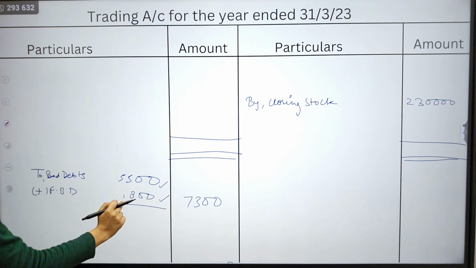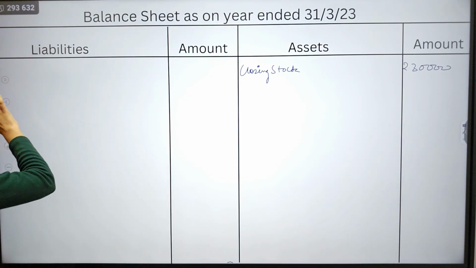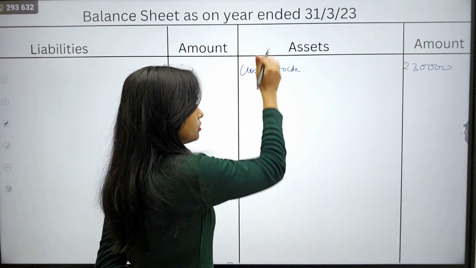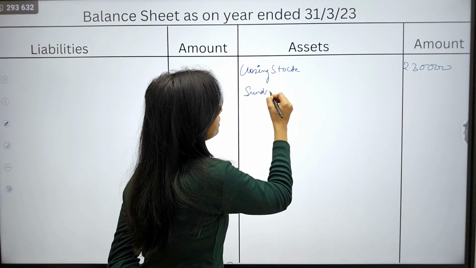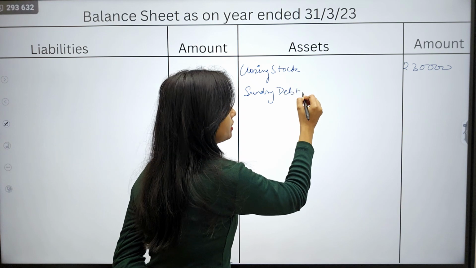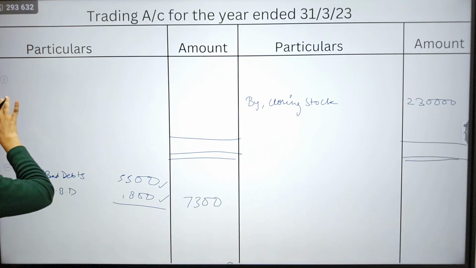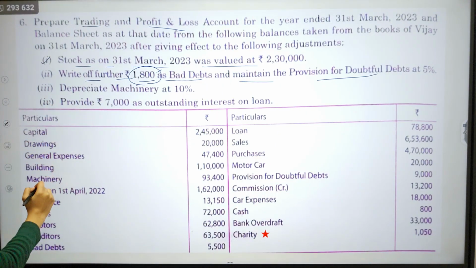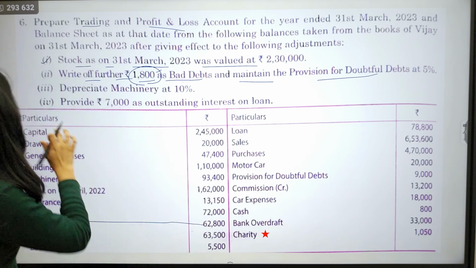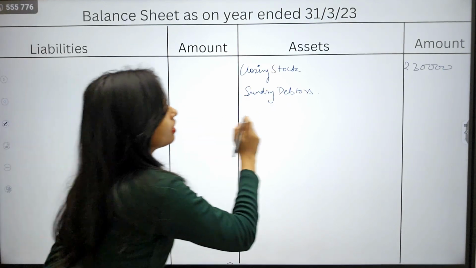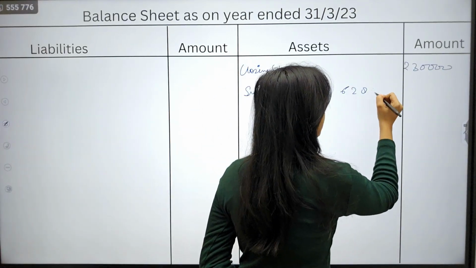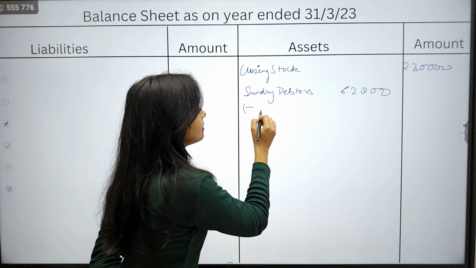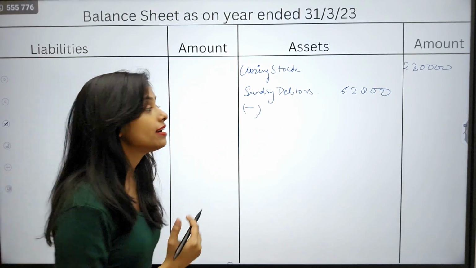One place is this that we recorded. Second place is where? First, you write sundry debtors. How much were your sundry debtors? Let's see our balance. So our sundry debtors were how much? This is my sundry debtor, 62,800. I am going to write 62,800 and you already know anything that is given inside the trial balance is already adjusted.